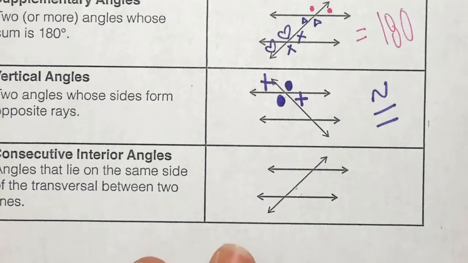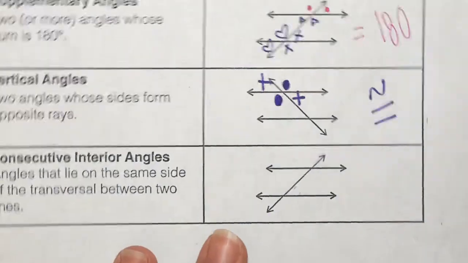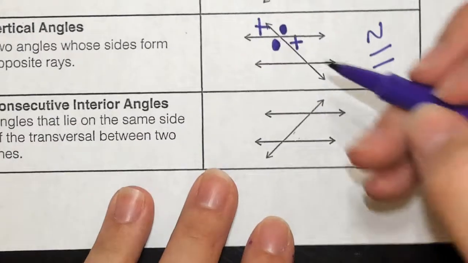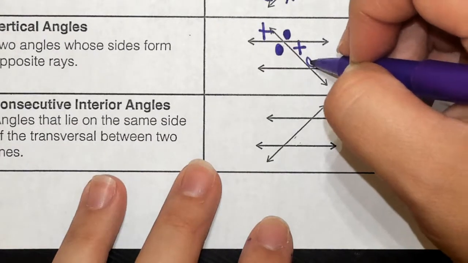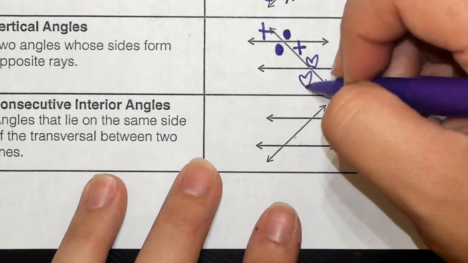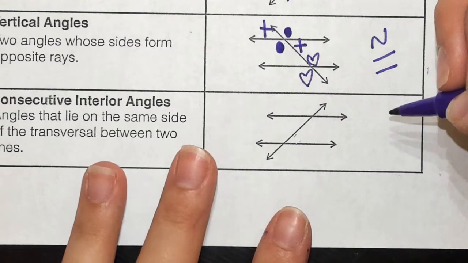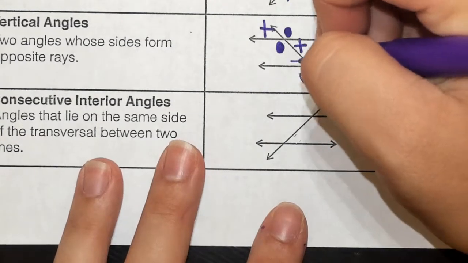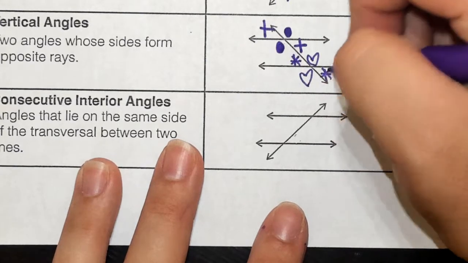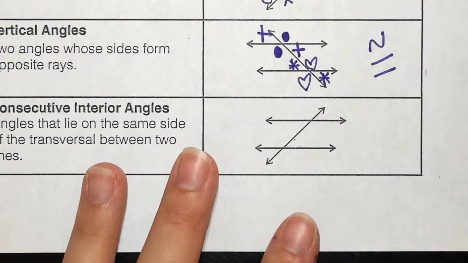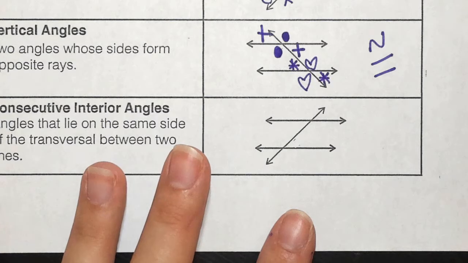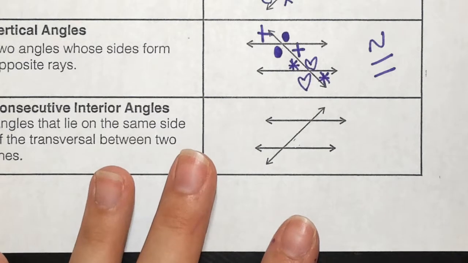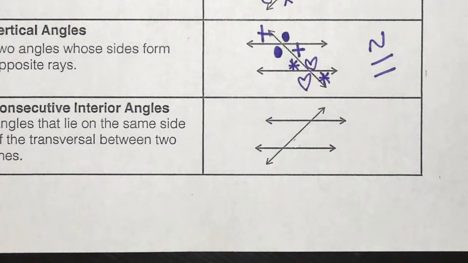What about this one? This one's vertical to this one, isn't it? And then this one is vertical to this one. So vertical angles are always the same.